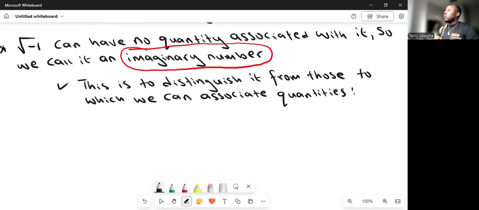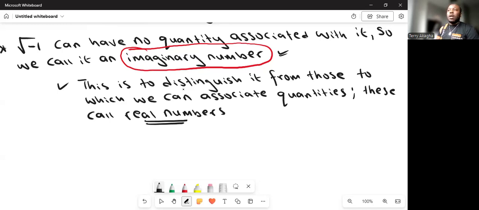Those we call real numbers. So when we're talking about quadratic equations, we use the term real numbers, but now in this series, we're going to be using imaginary numbers.